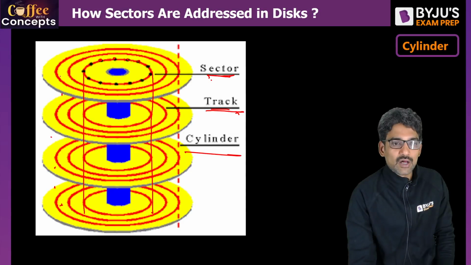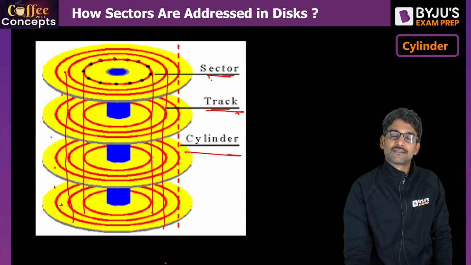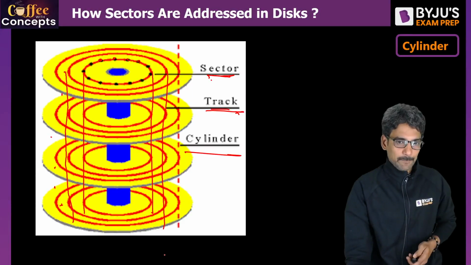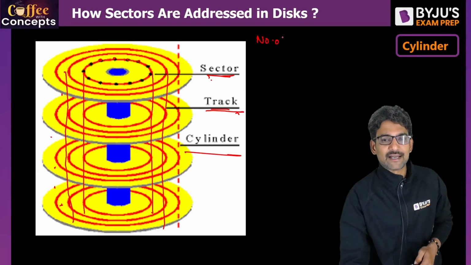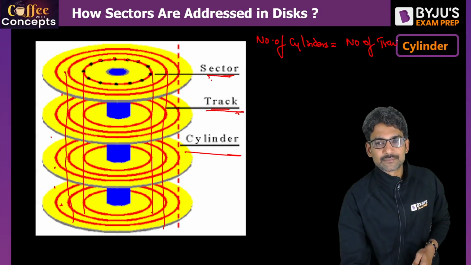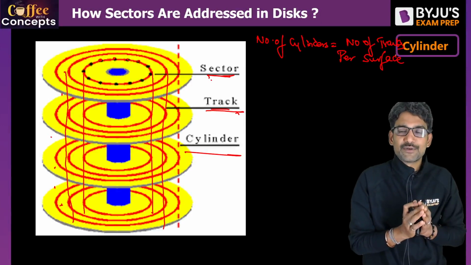Similarly, all second tracks together make the second cylinder. All last tracks together are one cylinder. So how many cylinders will we have in total? The number of cylinders will be equal to the number of tracks per surface, because from every surface one track contributes to the cylinder.